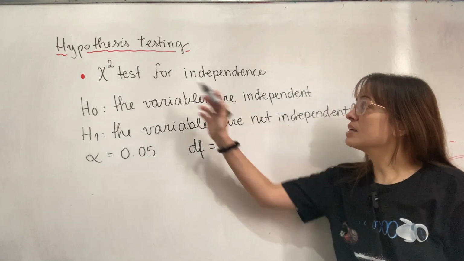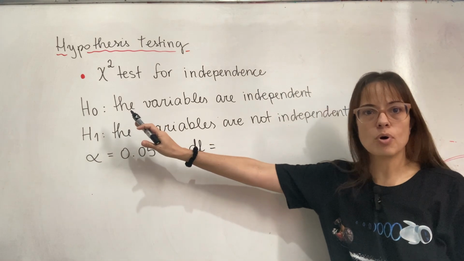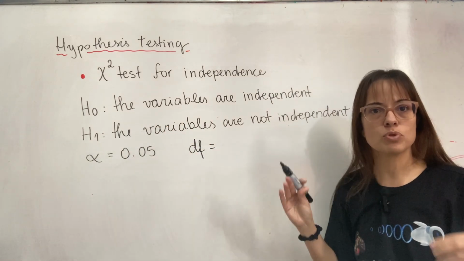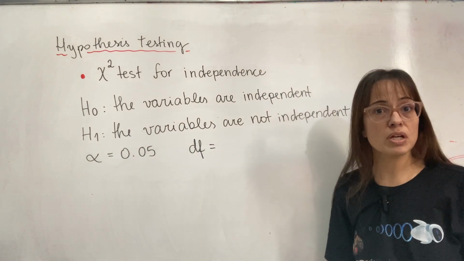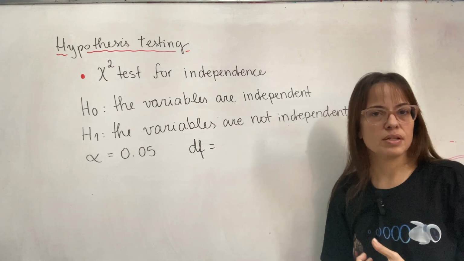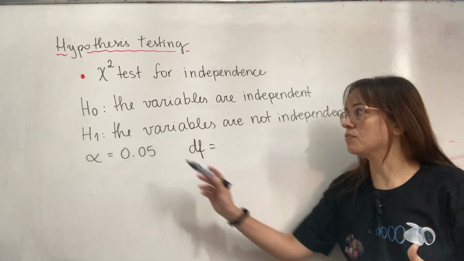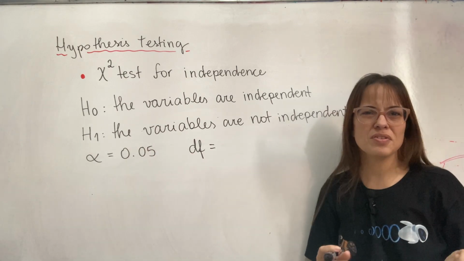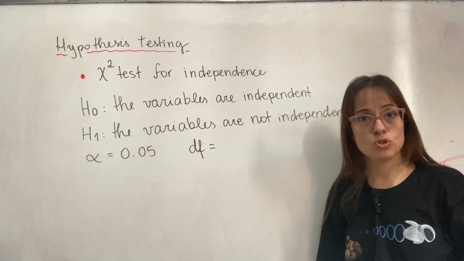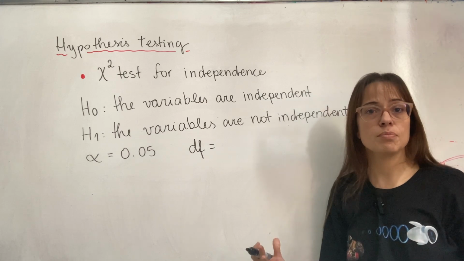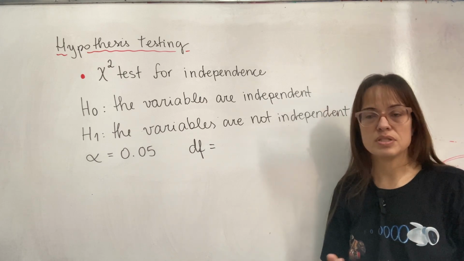So for the chi-square test for independence, the null hypothesis is that the variables are independent. You don't get a choice in that. Sometimes you get a little bit of a choice, like in the t-test we were talking about before. You get to choose if the H1 is bigger than 0 or less than 0, but you don't have more freedom than that to choose your hypothesis.